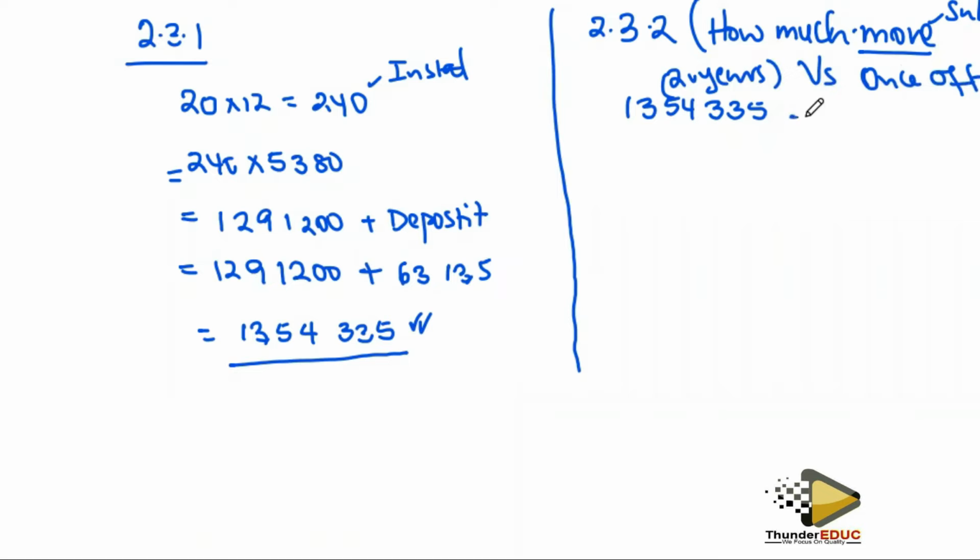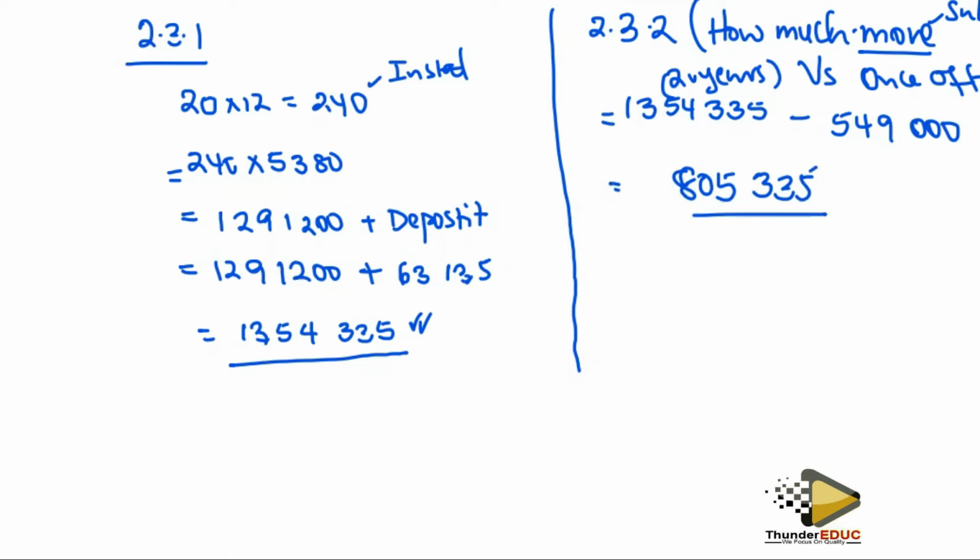So we subtract the two. Remember the money that you were supposed to pay is 549,000. So when you subtract the two, how much money? It's 805,335 rands. So this is how much more.